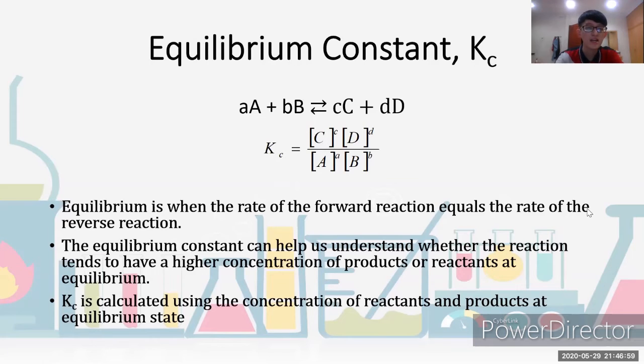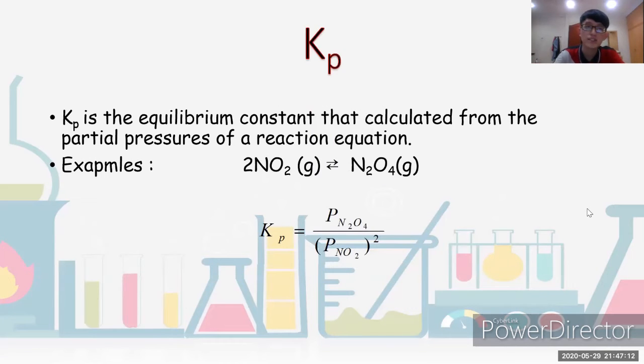The Kc is calculated using the concentrations of reactants and products in the equilibrium state. Kp is another form of equilibrium constant, calculated from the partial pressures in a reaction equation. The P of Kp stands for pressure and the C of Kc stands for concentration.